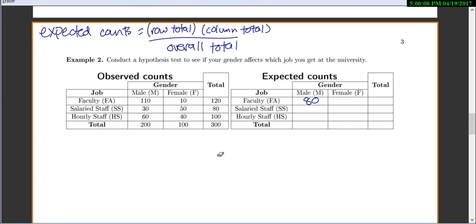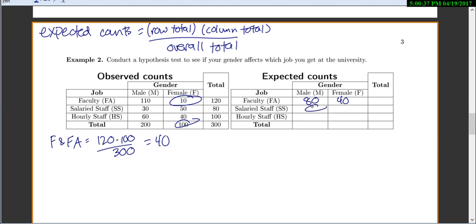So let's try to get a few of these. Let's try female and faculty. So faculty and female would be this spot here. Our row total is 120, our column total is 100, and the overall total is 300. This gives me 40. So we'd expect 40 female faculty if gender and jobs were completely independent.